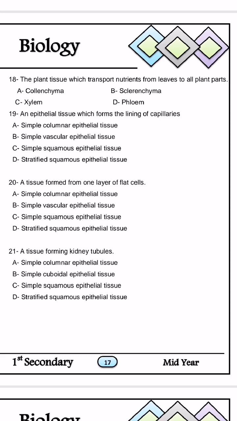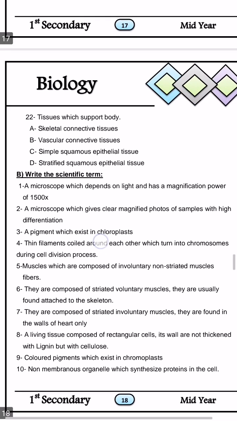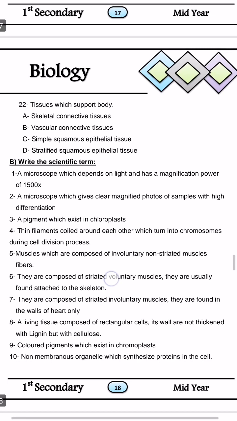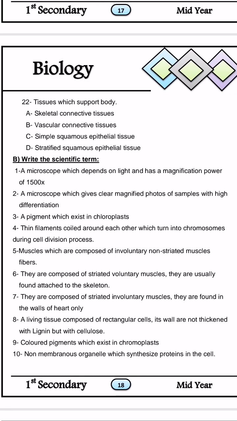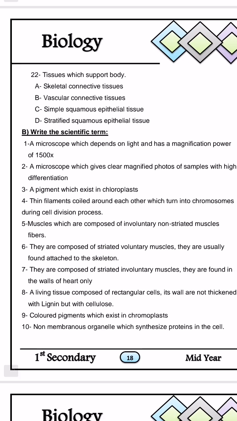For the kidney tubules, there is simple cuboidal epithelial tissue. Number 22. The tissue which supports the body: skeletal connective tissue, vascular connective tissue, simple squamous, or stratified squamous epithelial tissue. The answer is skeletal tissue because it is composed of the bones and the cartilage, so it supports the body.